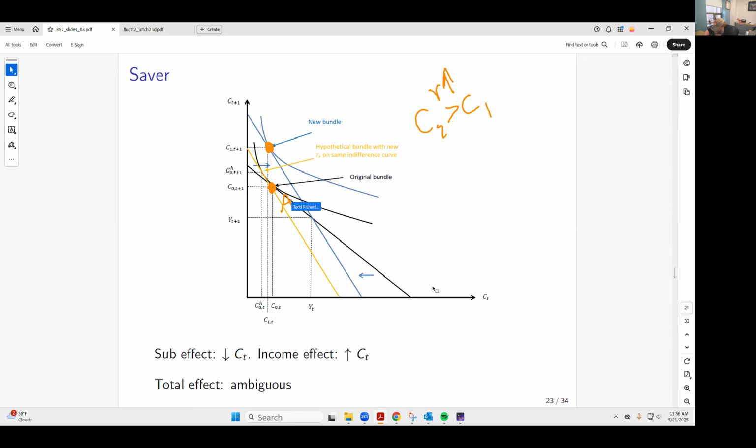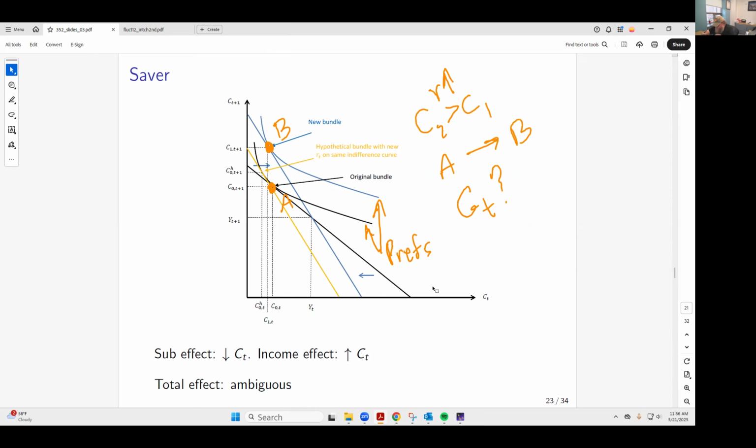So they were at A, they moved to B, so A to B. And you'll notice that the effect on current consumption, C1, is ambiguous. We don't actually know what happens. It looks like it might actually stay the same, depending upon how we drew the indifference curves. And again, remember that the indifference curves come from individual preferences, right? Preferences that individuals have for consuming now versus consuming in the future.